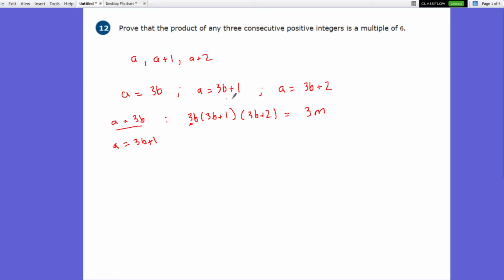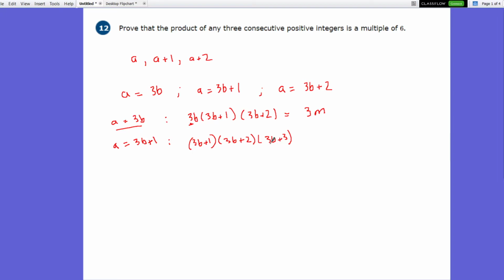When we put this into our product, the first factor is 3b plus 1, the second is 3b plus 2, and the third is 3b plus 1 plus 2, which is 3b plus 3.